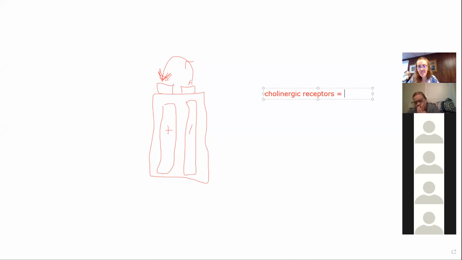Cholinergic receptors always bind to acetylcholine. It's mostly excitatory at the neuromuscular junctions, inhibitory at other junctions.